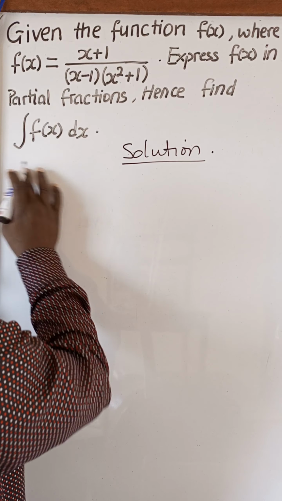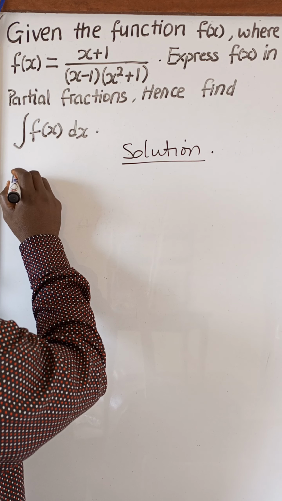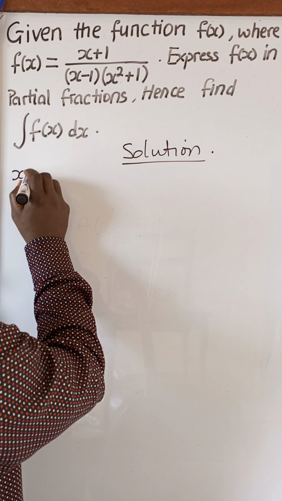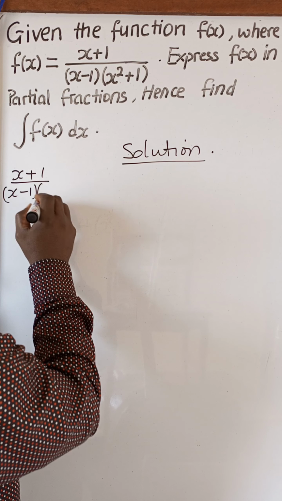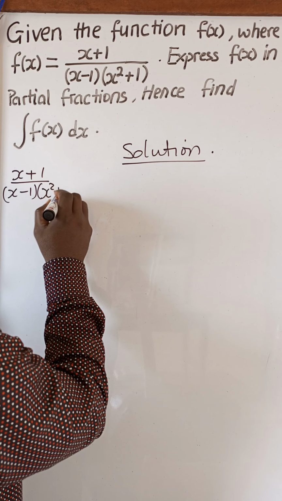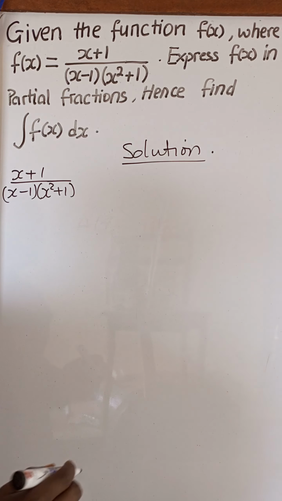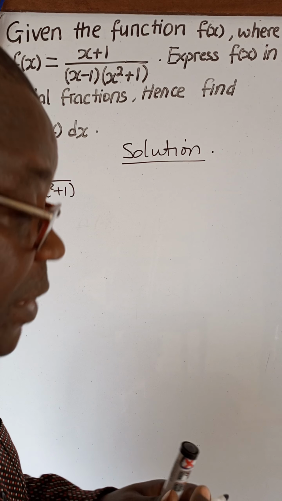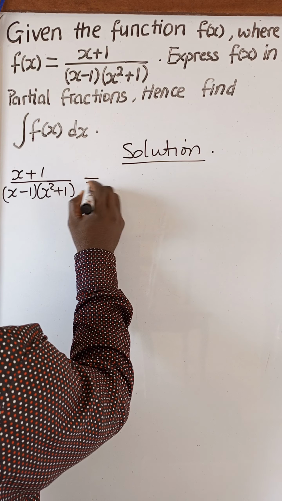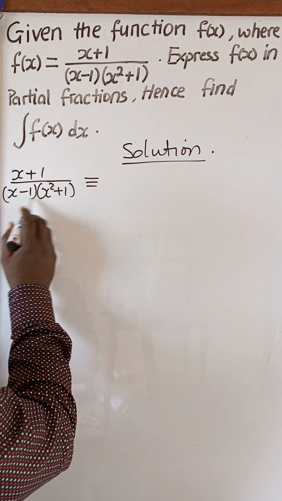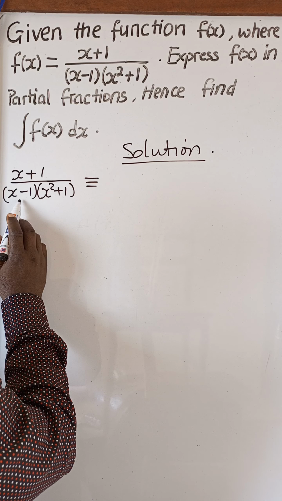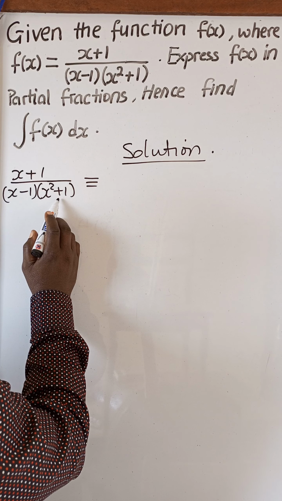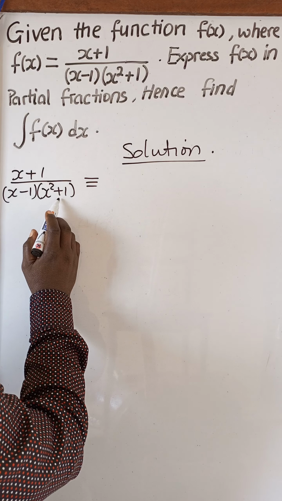Solution. We have the function x plus 1 all over x minus 1 into x squared plus 1 to express in sum of its partial fractions. If we look at the denominator, we have a simple linear factor and then a non-reducible quadratic factor.